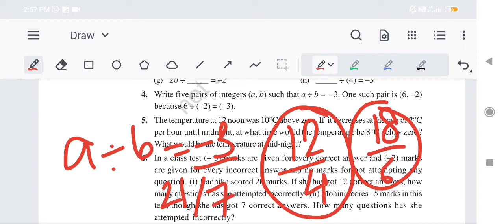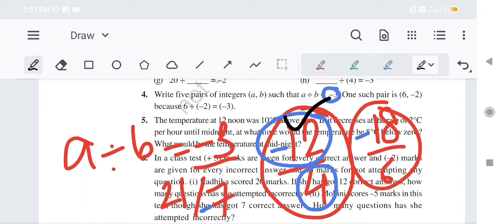Now as in the answer you can see that there is a negative integer given, so simply we can put the negative sign anywhere for finding such pairs where dividing a by b will bring minus 3 as the quotient. So if you divide minus 12 by 4, you will get minus 3 as the answer, where a is equal to minus 12 and b is equal to 4.